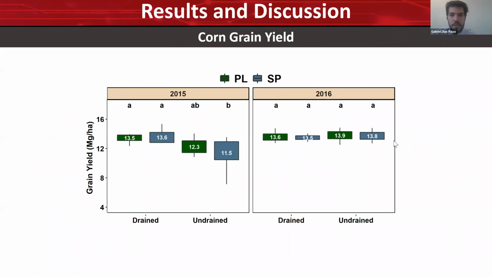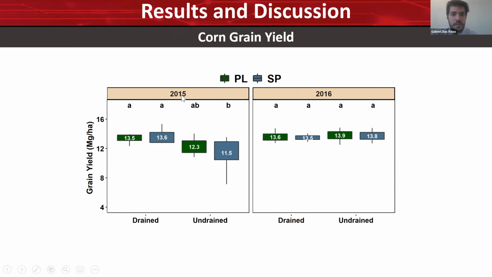So here we are looking at the results for grain yields on the y-axis, and we have the results for 2015 and 2016. We have drained and undrained soils, and we have the different application times: PL for a single nitrogen application done near planting time, and SP for the split nitrogen applications. It's interesting to see that in 2016, there were no differences whatsoever with regards to grain yield related to drainage conditions.